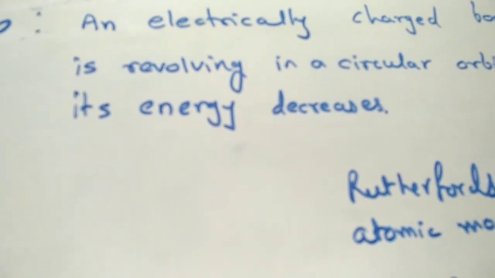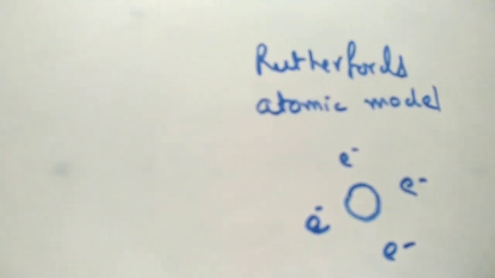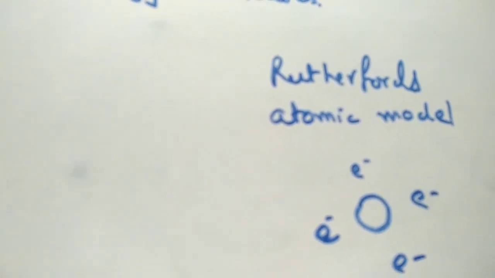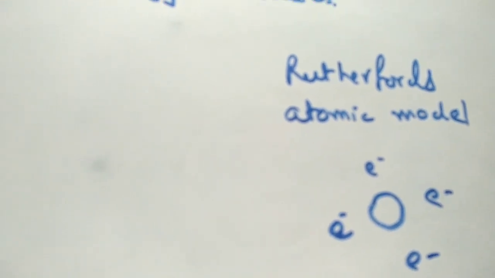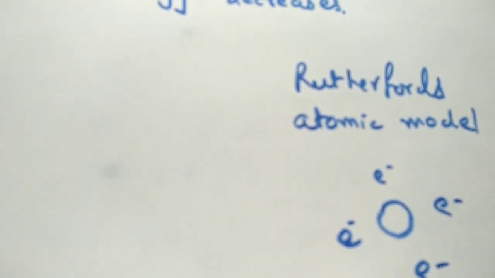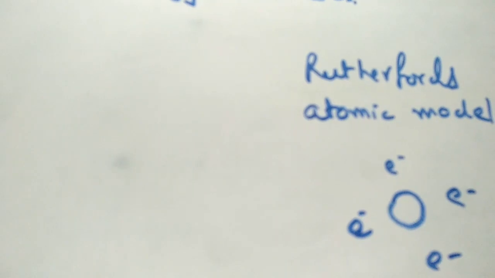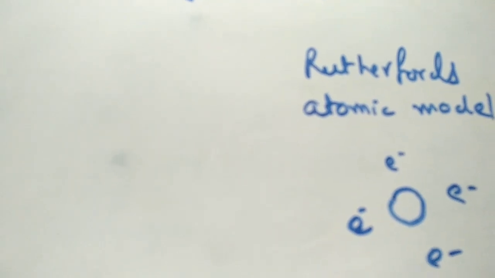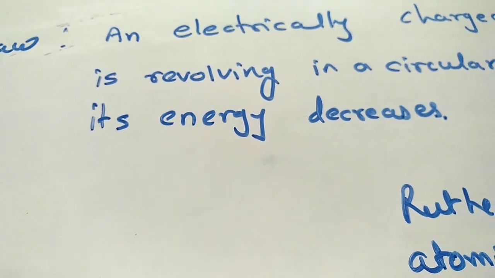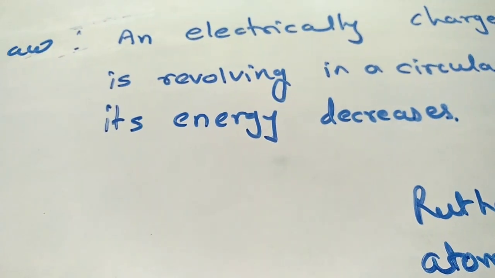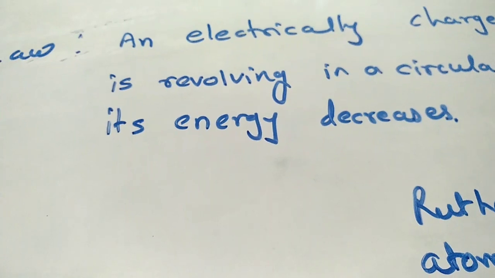According to this law, if electrons lose their energy, then Rutherford's atomic model becomes unstable. To overcome these shortcomings, a new atomic model was proposed by Niels Bohr. Niels Bohr's atomic model removed all the shortcomings of Rutherford's atomic model.